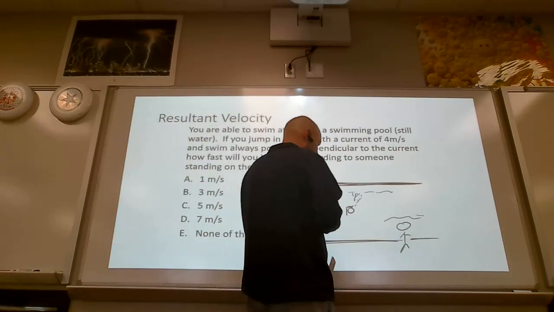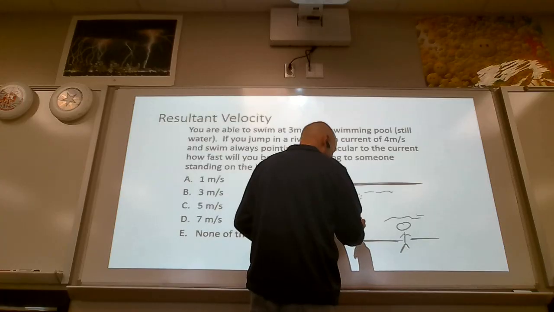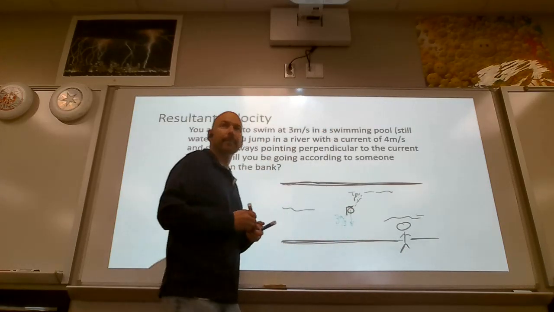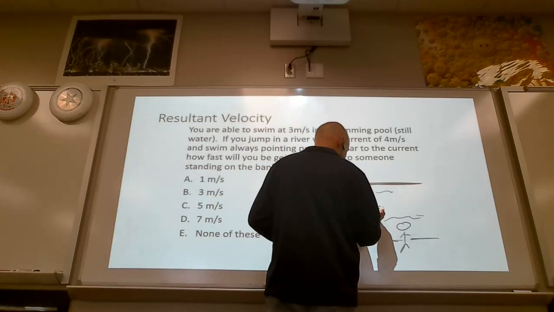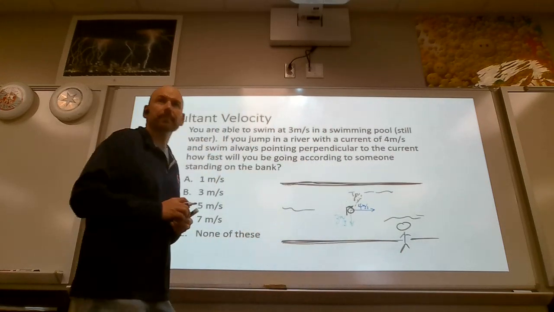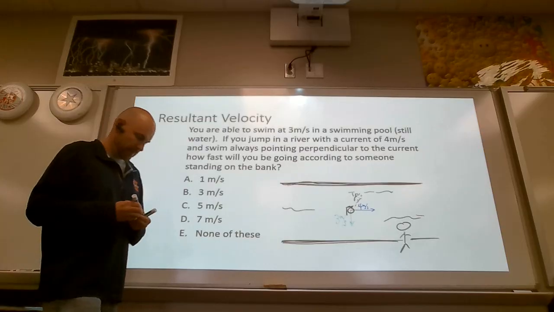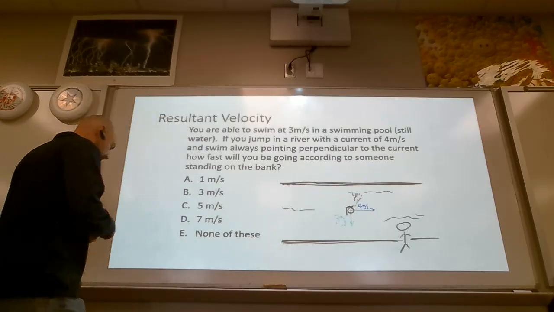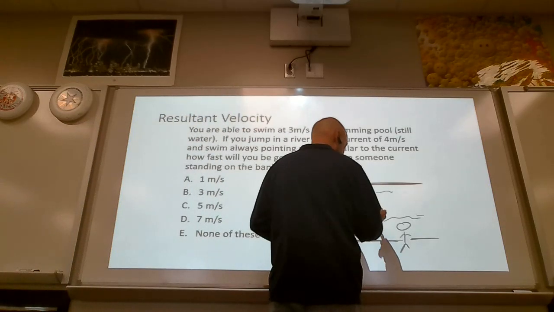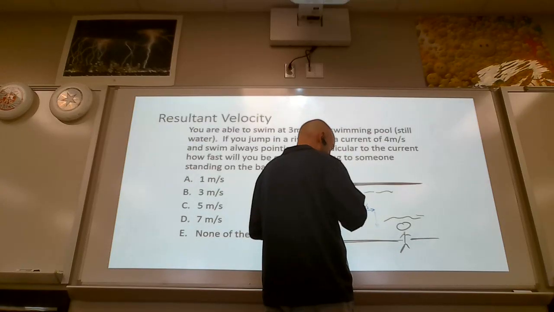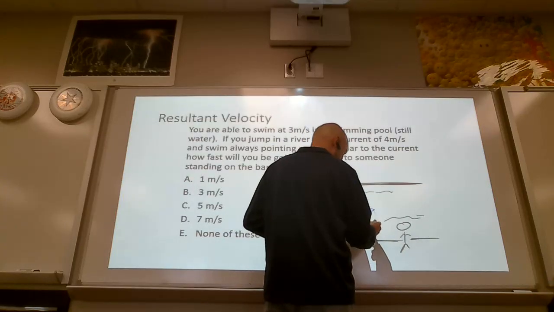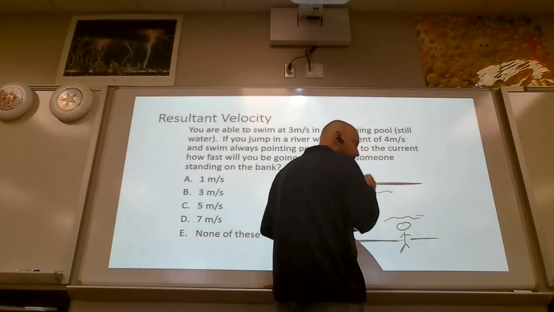So you can swim 3 meters per second in a pool. The current is moving at 4 meters per second. So the resultant, after you do head to tail, would be a 3, 4, 5 triangle.